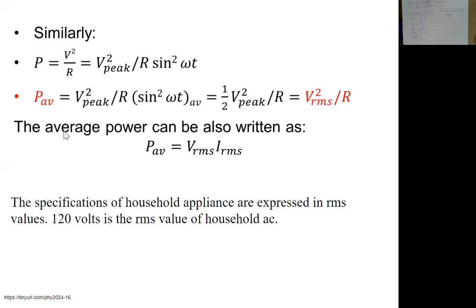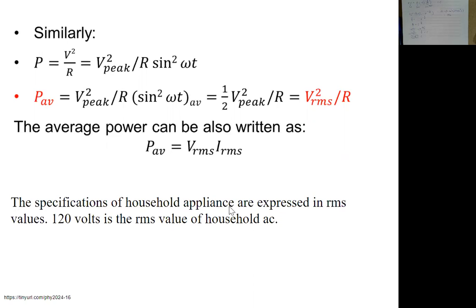And then the average power you can also write as just V RMS times I RMS, okay? So for an AC circuit, basically you'll be using the RMS quantities, then the power consumed will be similar to what we have in the DC circuit, okay? So P is equal to either V squared over R or I squared times R or V times I, okay?